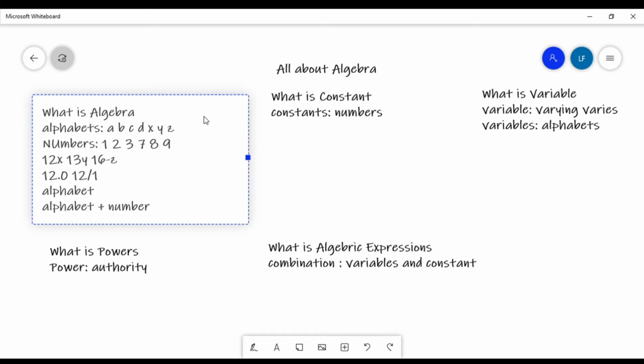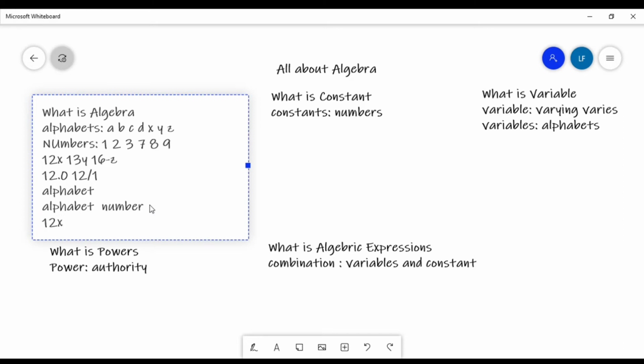And this plus can either be a minus symbol, a plus symbol, a multiplication symbol or a division symbol. Let's take an example here.